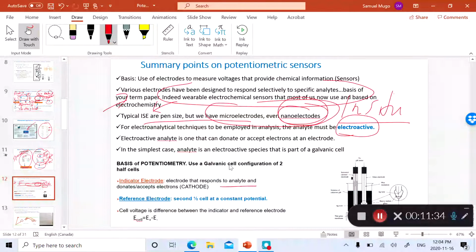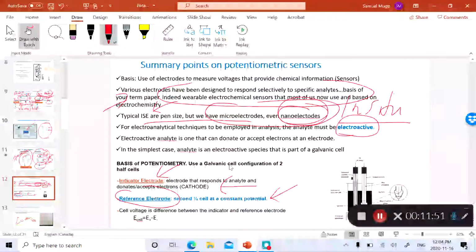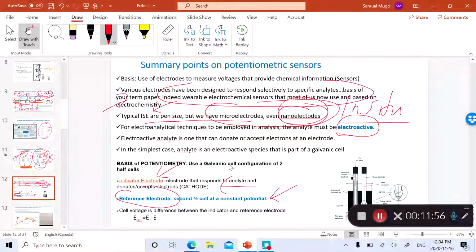So essentially you've got the cathode, which is the sensor, or the indicator electrode as you sometimes call it. And then on the left-hand side, you have the reference electrode. Last week, I talked about the 3 different types of reference electrodes that are commonly used, although silver chloride is the most common type.